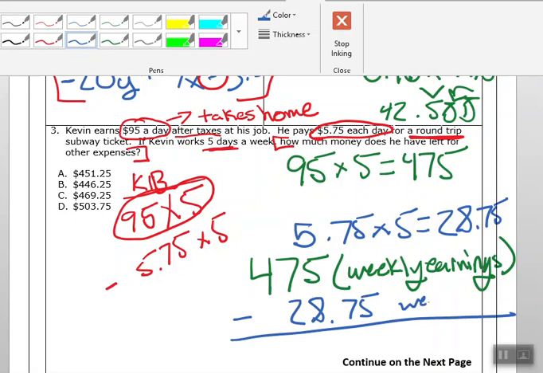So that's the weekly travel. And when I plug that into my calculator, I am going to get $446.25.